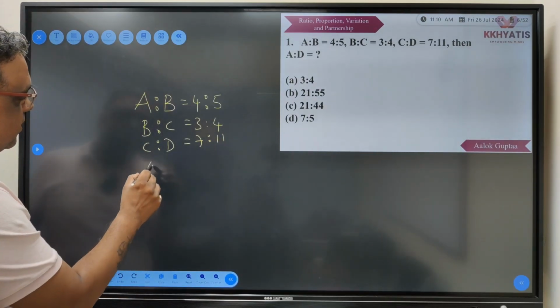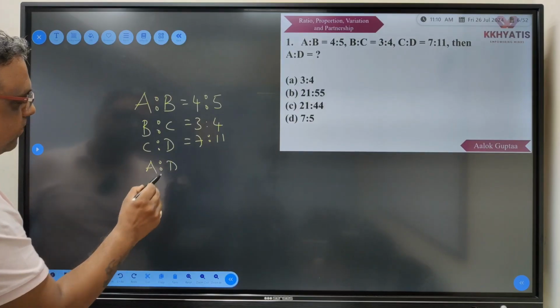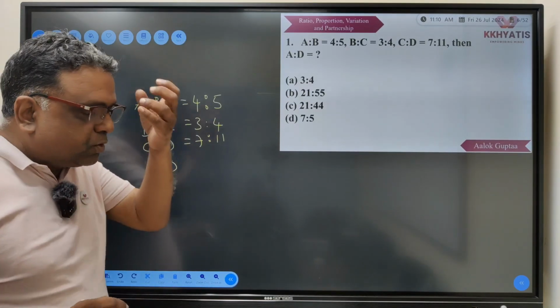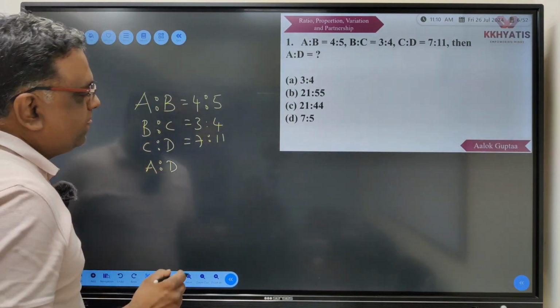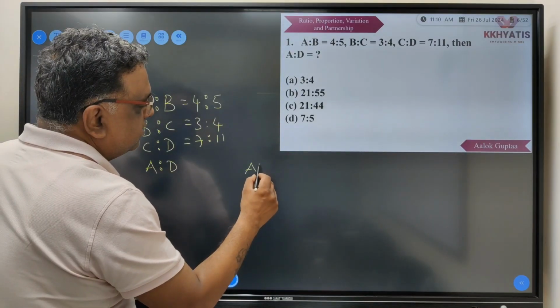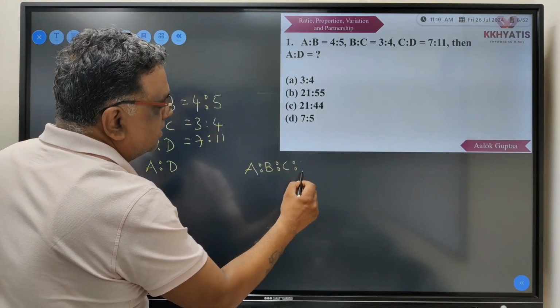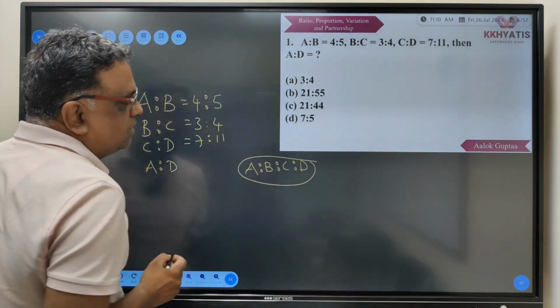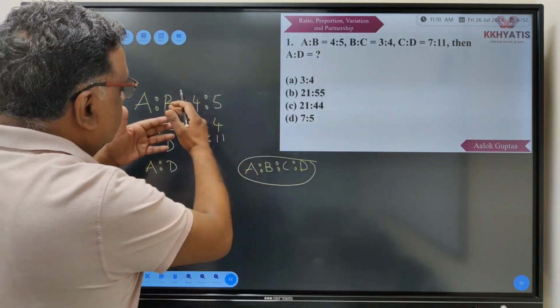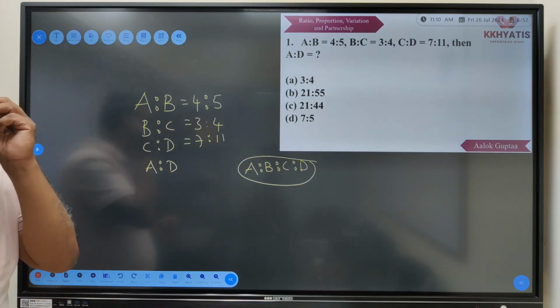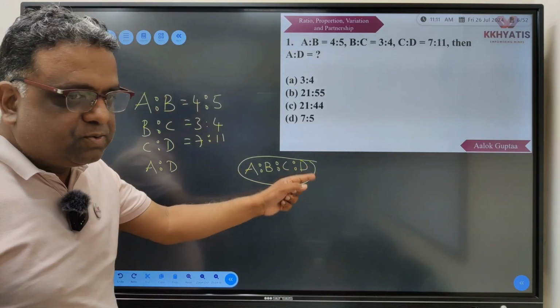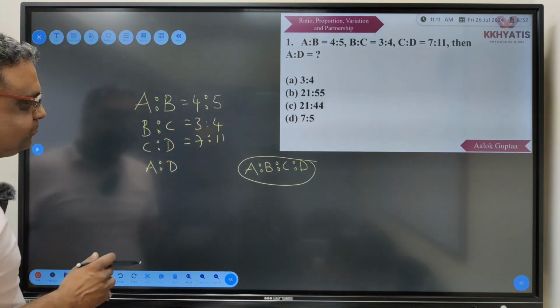Then I have to find A is to D. So if I have to find A is to D, then I will have to find this. If I am able to merge all these ratios together, then I can find the ratio A is to D. So how do we do that?